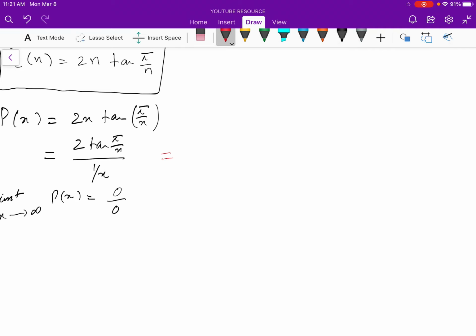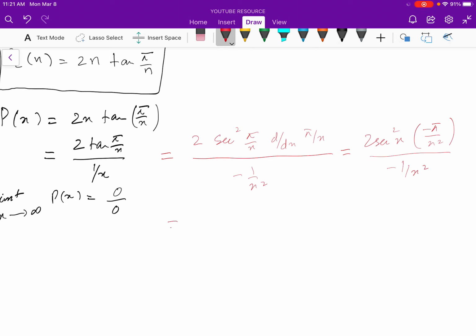When we differentiate the numerator, we get 2 sec squared(pi/x) times the derivative of pi over x, over the derivative of 1 over x, which is minus 1 over x squared. The derivative of pi over x is minus pi over x squared, over minus 1 over x squared, so it is 2 sec squared(pi/x), and the x squared cancels, leaving pi, so we write 2 pi.